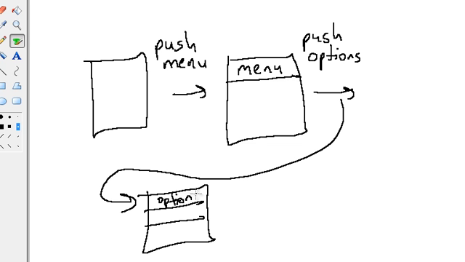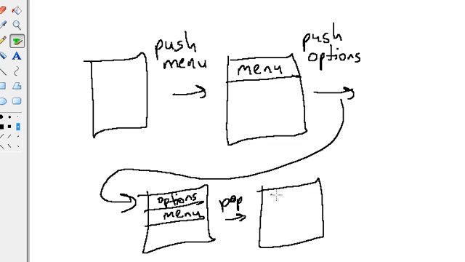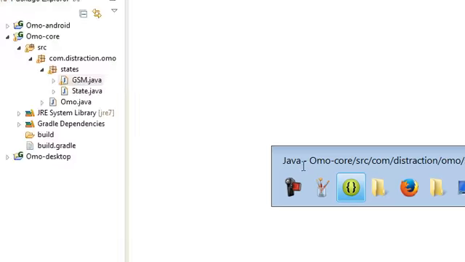The last one pushed is always the one at the top. So that's what a stack structure pretty much is. You can also pop, and what pop does is it removes the very top of the stack. So that just gets rid of the options menu and it goes back to just menu. Okay, so that's pretty much stacks right there.